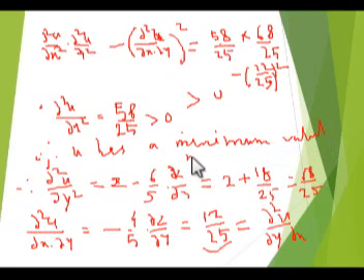At the point x is equal to 13 by 19, y is equal to 45 by 19, and z is equal to 75 by 19.